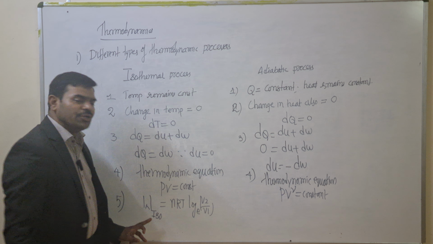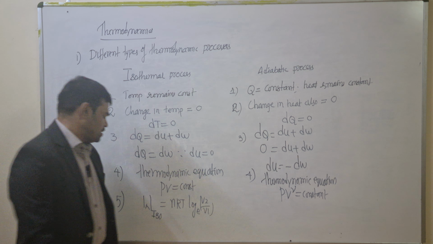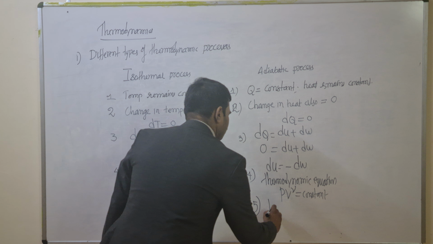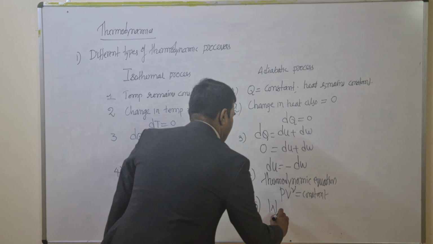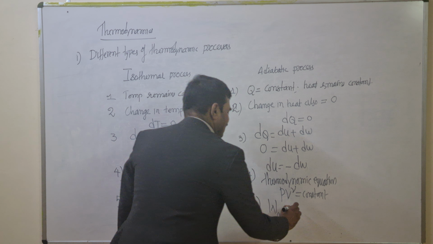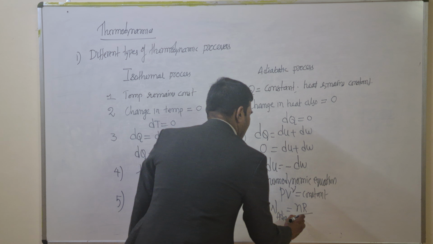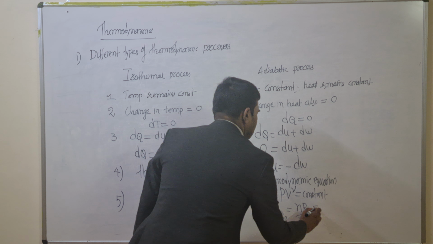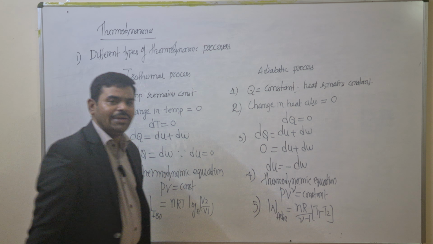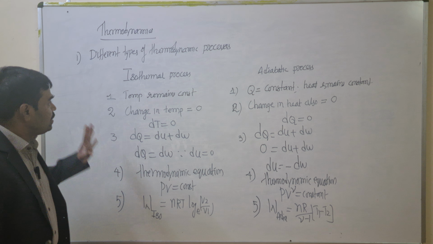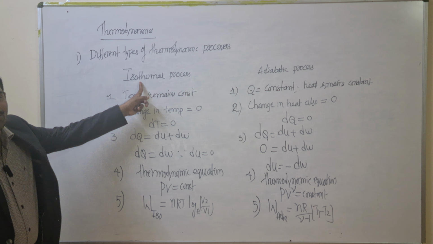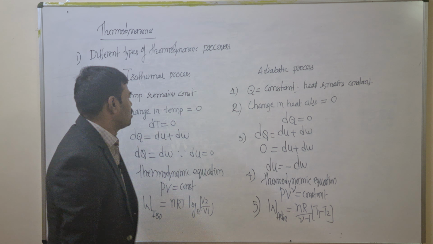And in the adiabatic process, work done is equal to nR by gamma minus 1 into T1 minus T2. So this is the main difference between the isothermal process and the adiabatic process.